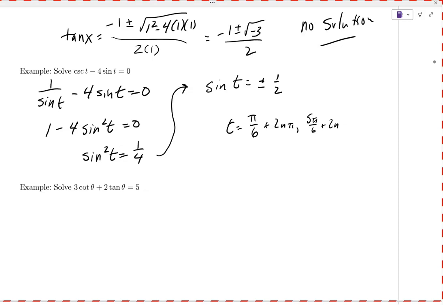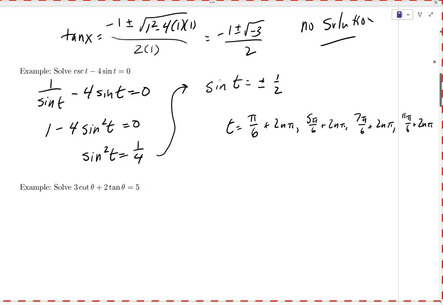And in quadrant 3, we would use 7/6. In quadrant 4, we would use 11/6. Good. Since it's plus or minus, we end up in all 4 quadrants there.